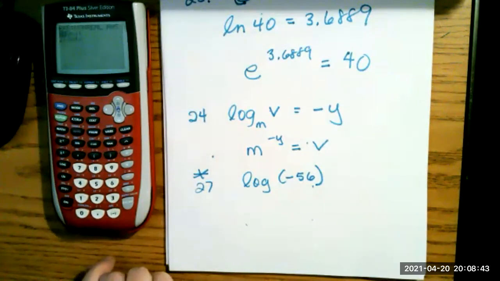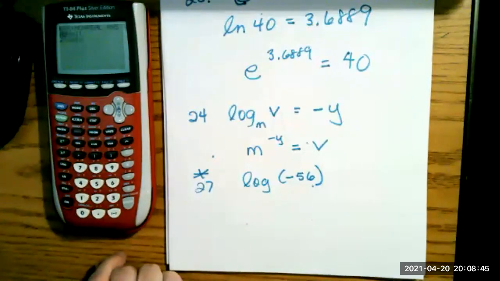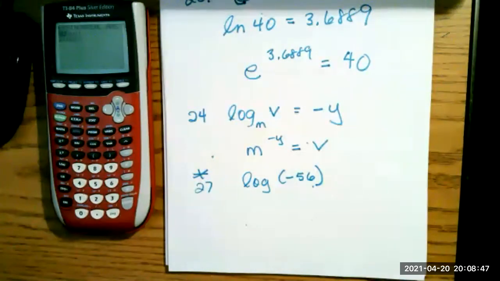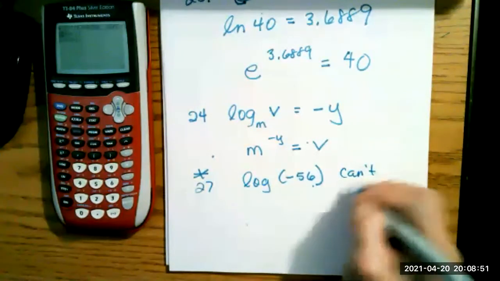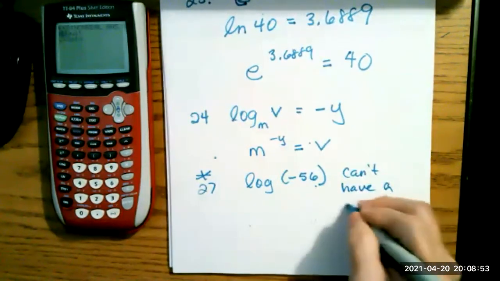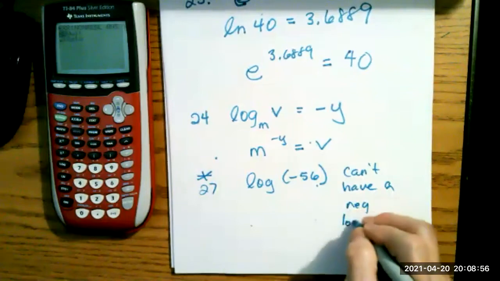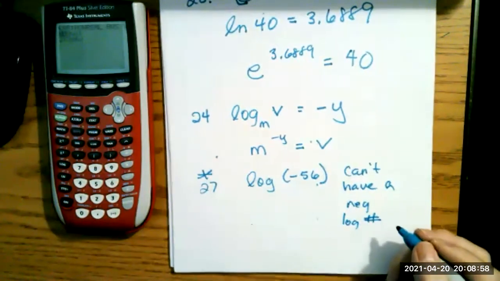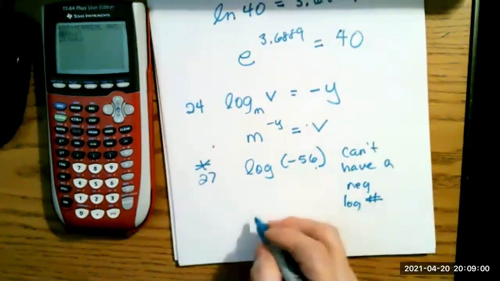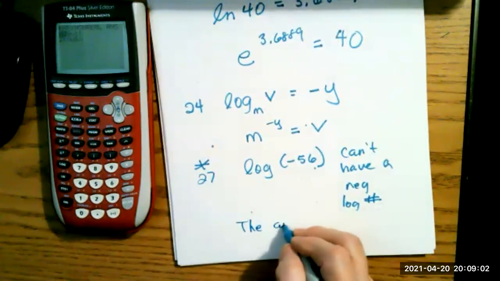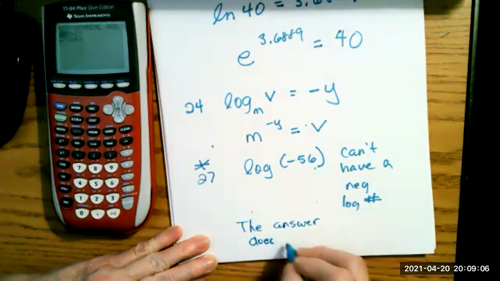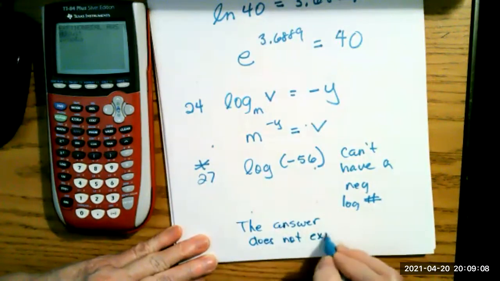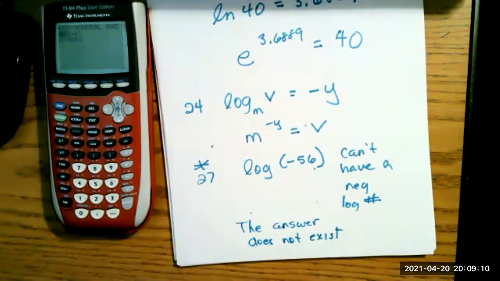And what does the error say? No real answer. It's non-real. You can't have a negative log number. So that one is an error, and the answer does not exist. So watch out for that 27. It's going to be like that.